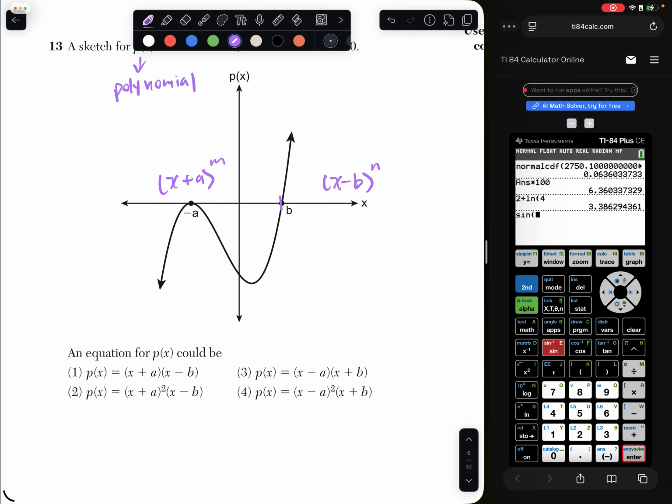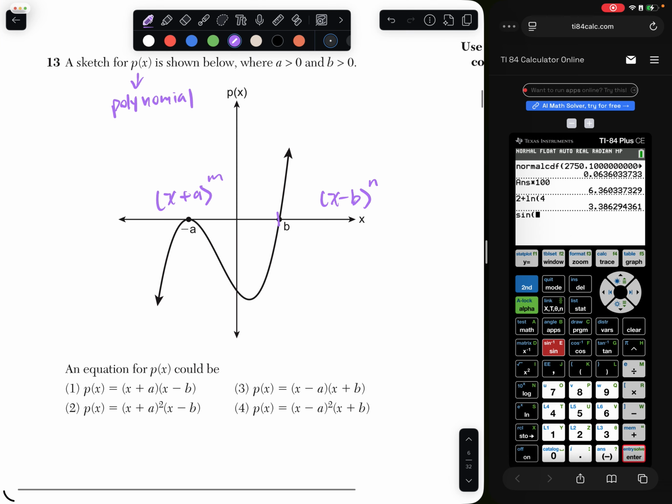First, by looking at the end behavior, when x approaches infinity versus negative infinity, they approach different things, which means the end behavior is different. So the degree of the polynomial is odd. Now at negative a, the polynomial bounces off the x-axis, which tells me that m is even.